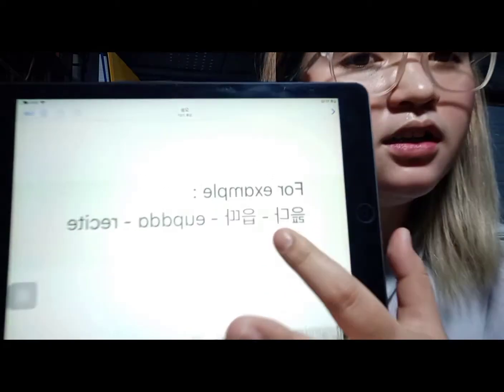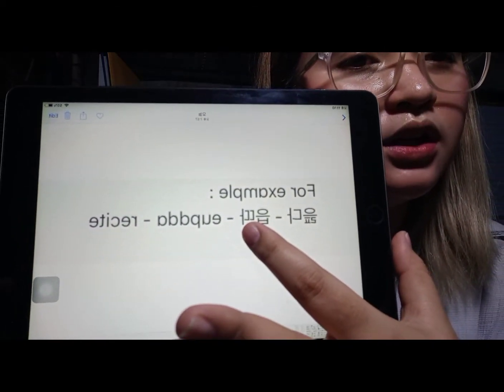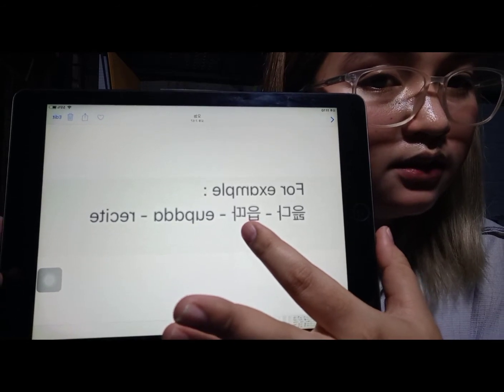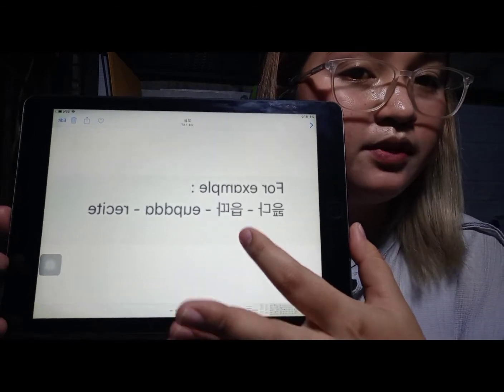Diba? Yan. Naging double, double tigot dahil dito din sa Piyok. So, ayun na nga. Sobrang nakakalito, di ba? Nakakalito yung rule ng mga final double consonants.